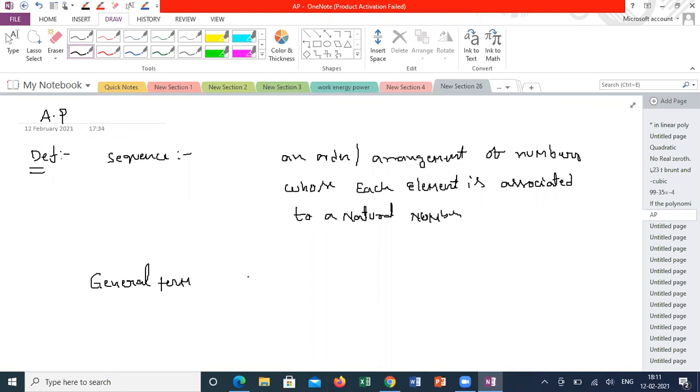If I keep n equal to 1, 2, 3, you will get all the values of the sequence. Suppose the general term of a sequence is 2n. If I put n equal to 1, I get 2. For n equal to 2, I get 4. For n equal to 3, I get 6. So 8, 10, and so on. This is the sequence I will get.